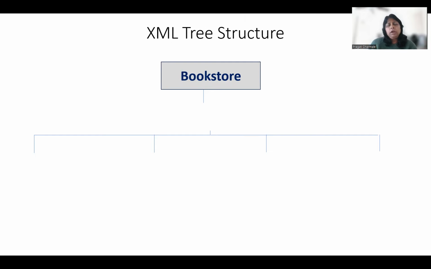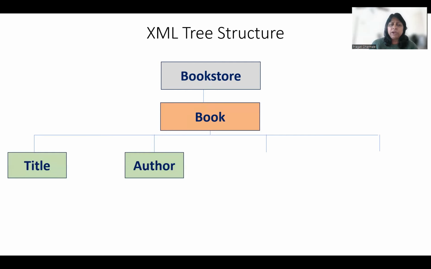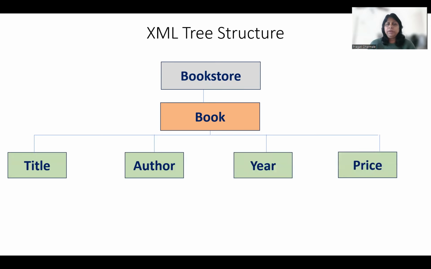In a bookstore, we have books, and each book has a title, an author, a year, and a price, right? Now, if we look at it as a tree structure, we can say that bookstore is the parent element. Book is the child of the bookstore, and title, author, year, and price are the siblings.